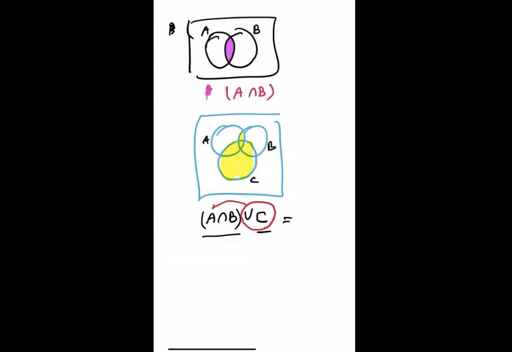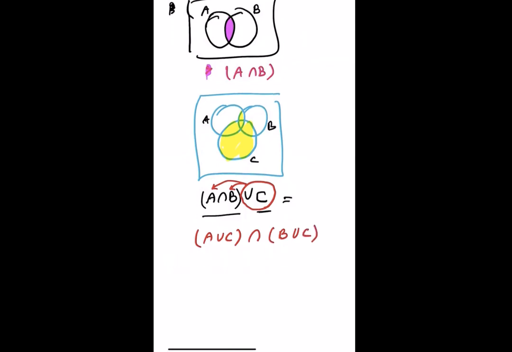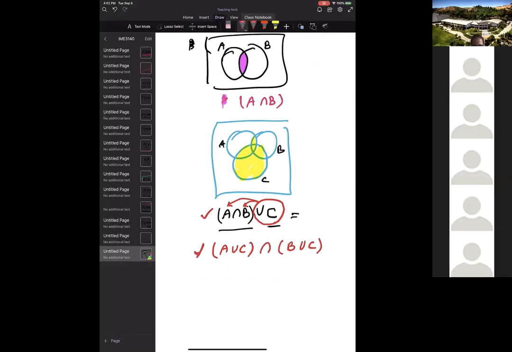So it's A union C and then intersection B. Good. So in the question, I asked you what this shaded area shows, and I have given you this and this. So the answer is both these answers.